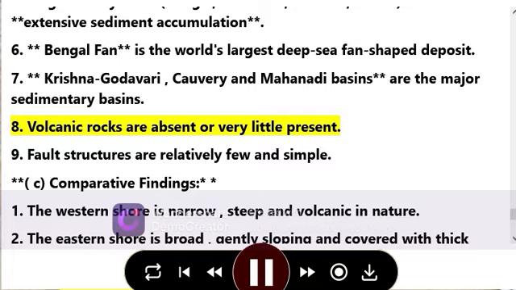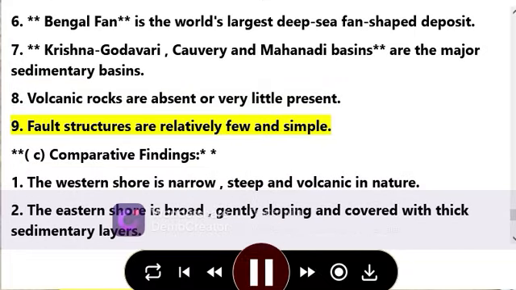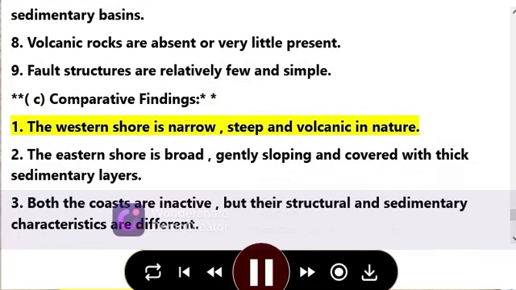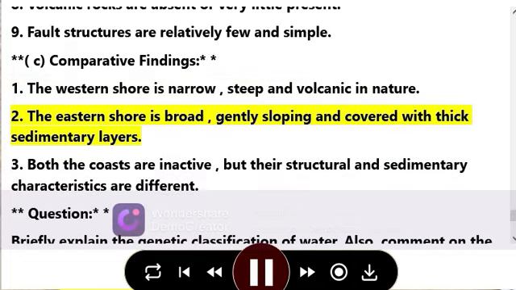Bengal Fan is the world's largest deep-sea fan-shaped deposit. 7. Krishna-Godavari, Kaveri, and Mahanadi basins are the major sedimentary basins. 8. Volcanic rocks are absent or very little present. 9. Fault structures are relatively few and simple.